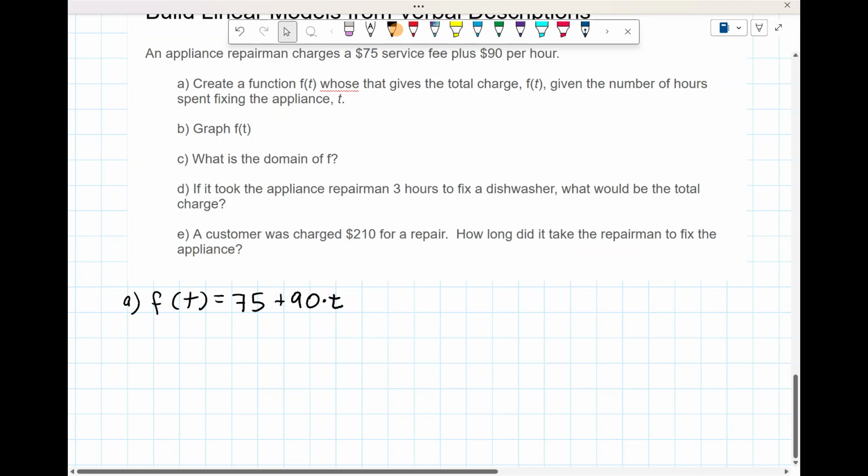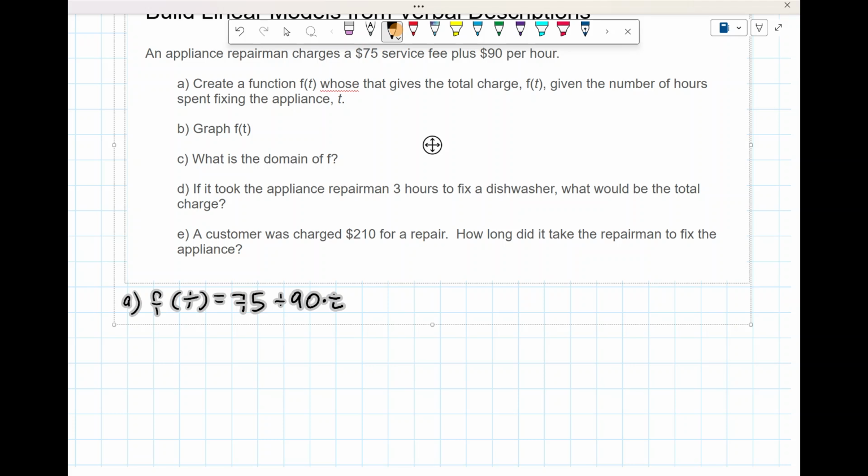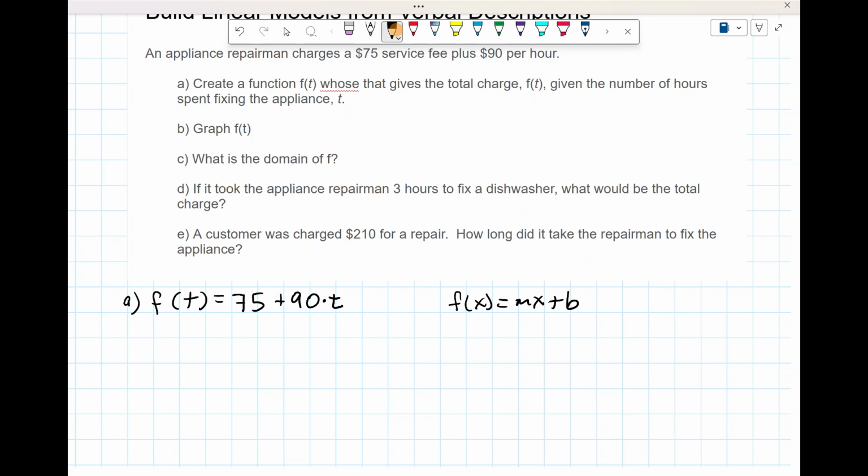Now, this is a perfectly fine answer, but often we like to make our functions look a little bit more like our general form, which is y equals mx, or f of x equals mx plus b. So we're going to put the term that has a variable first.